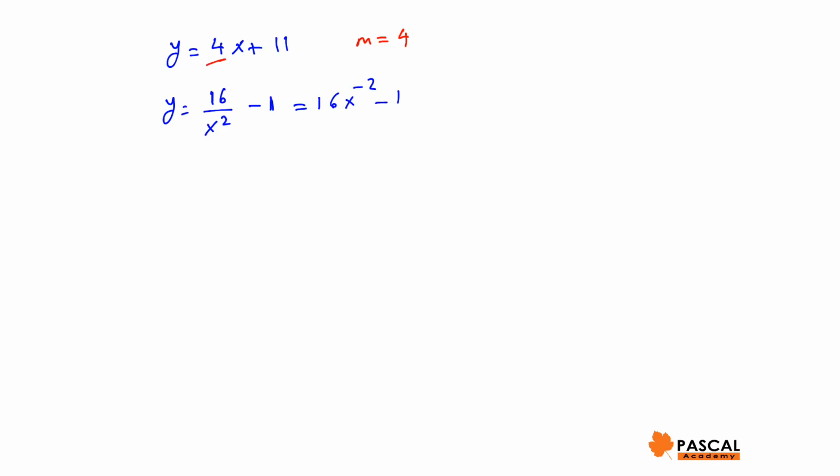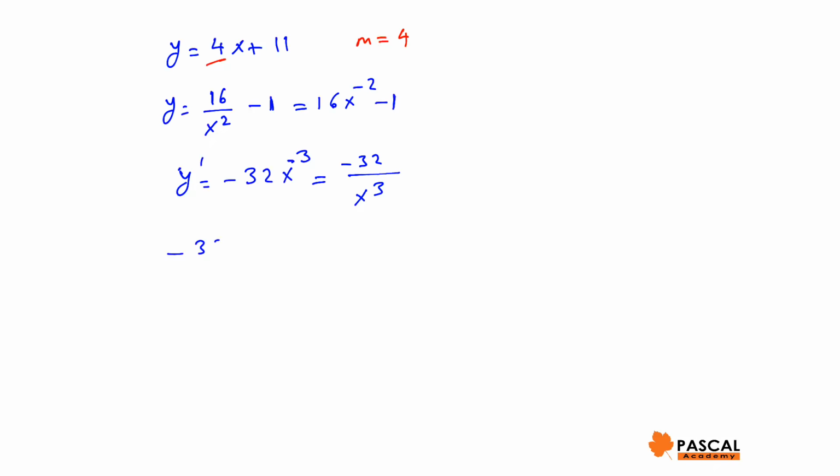The function can be written as 16x to the power of negative 2, minus 1. The derivative of the function is negative 32x to the power of negative 3, which is negative 32 over x cubed.